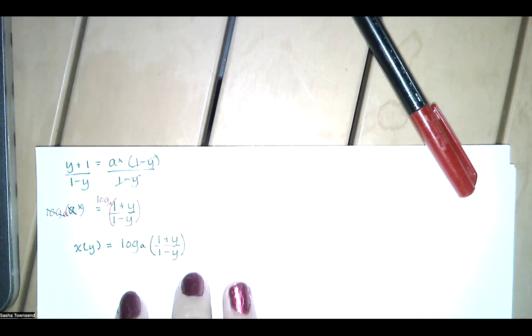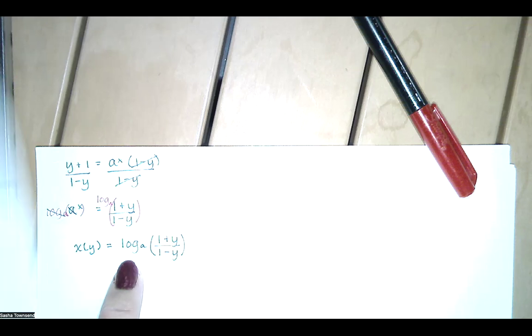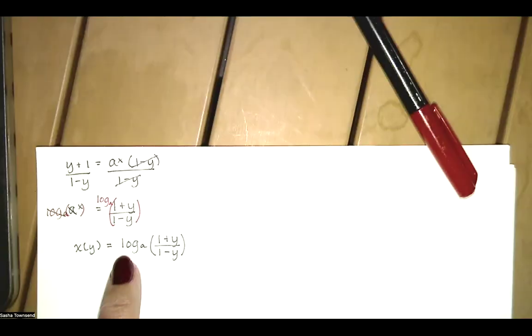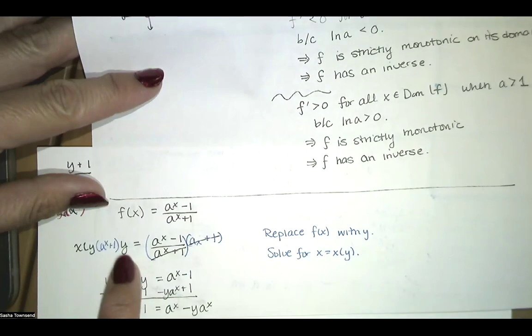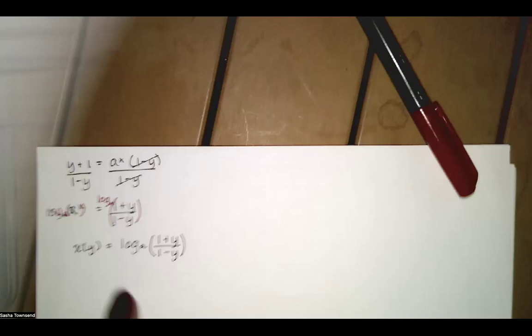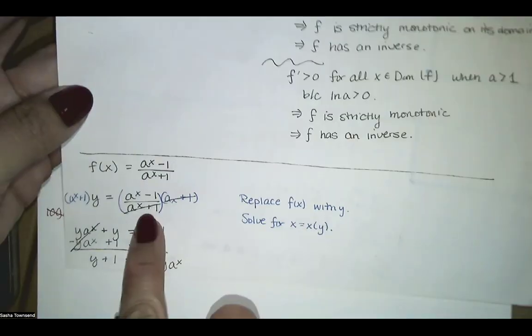Now, before we move on, one thing I want you to notice is that this equation is actually equivalent to the original equation. So the set of points x, y that satisfy this equation also satisfy the equation y equals a to the x minus 1 divided by a to the x plus 1. These are just two different ways of writing the same equation.